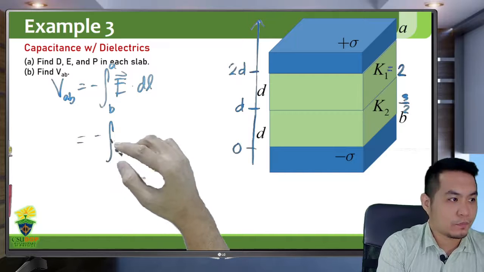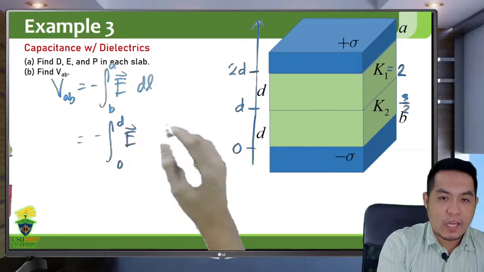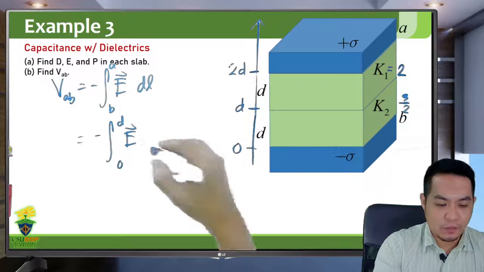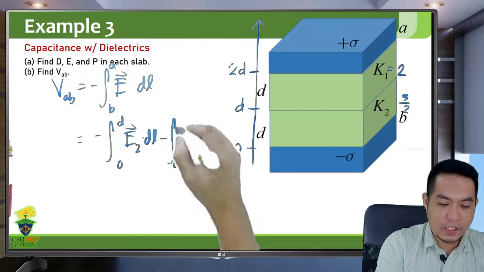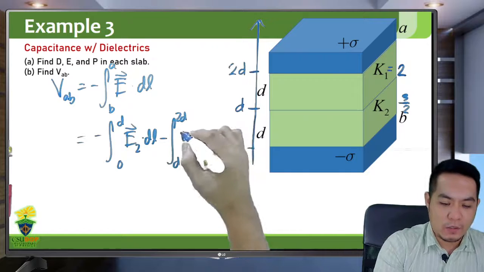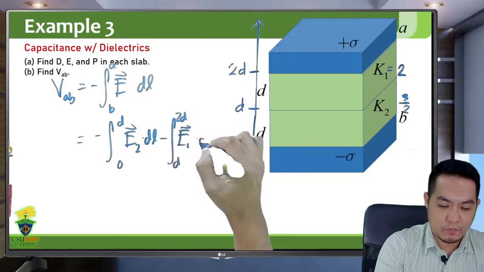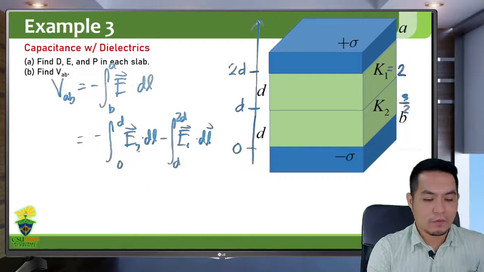From 0 to D, the electric field there is E2. And then from D to 2D, the electric field there is E1. So we already have the electric fields.